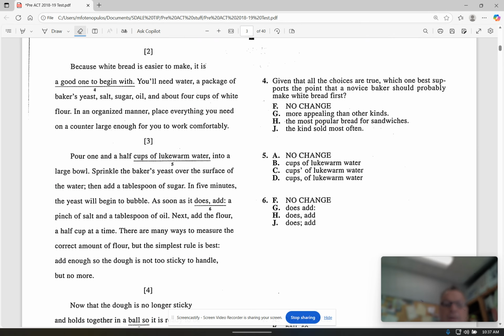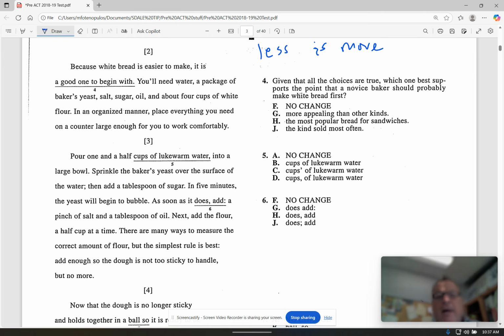One of the things that would help you with this too is ACT is obsessed with less is more. In other words, they feel like at ACT that good writing and good English skills are being demonstrated, if you will, when you can really get right to the point.